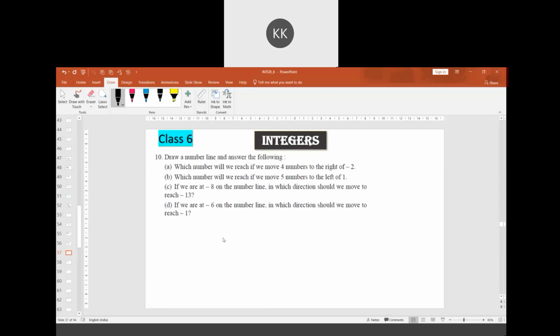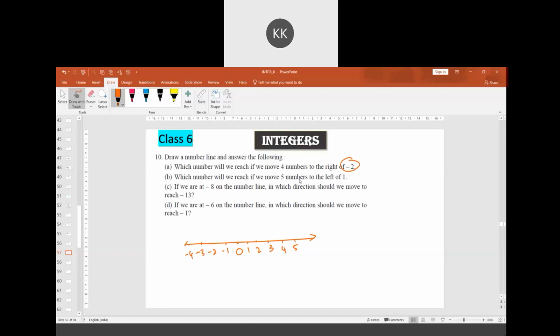Roughly, I am just writing it: 0, 1, 2, 3, 4, 5, minus 1, minus 2, minus 3, minus 4.